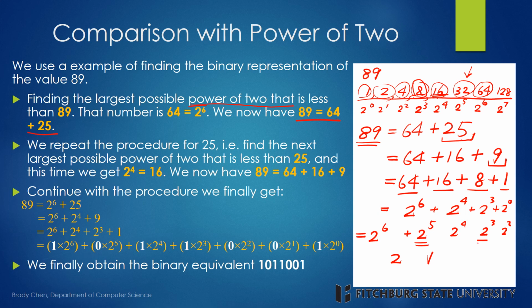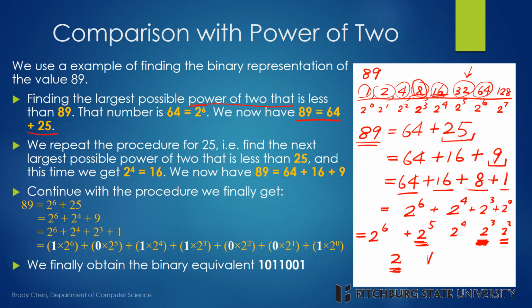This is also missing. Oh, sorry. 2 to the 3 is not missing. It's there. So these 3 terms are missing, right? But that's fine. So we can write 89 as the sum of the powers of 2.